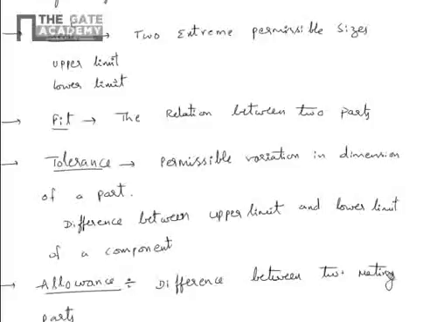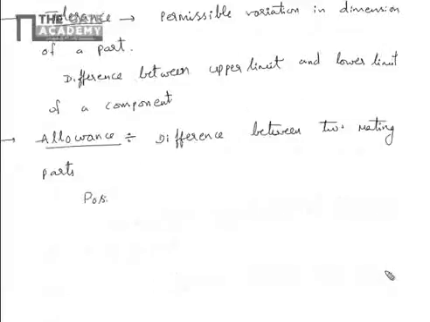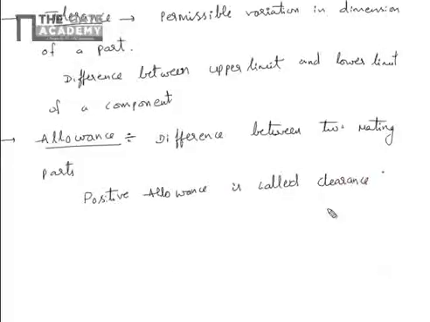Similarly, allowance may be positive or negative. Positive allowance is called clearance. Negative allowance is called interference.